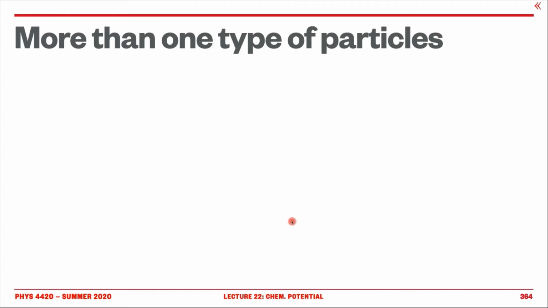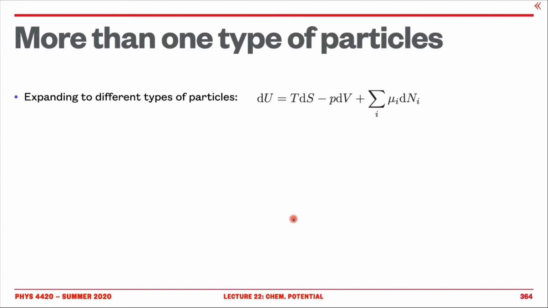Imagine now that we try to do this in a little bit more general way, and we have more than one particle, because so far we have one type of particle that was described by a simple chemical potential. But imagine that you have more than one particle and more than one chemical potential. The extension is fairly straightforward. The extension is simply by adding more terms to the internal energy.